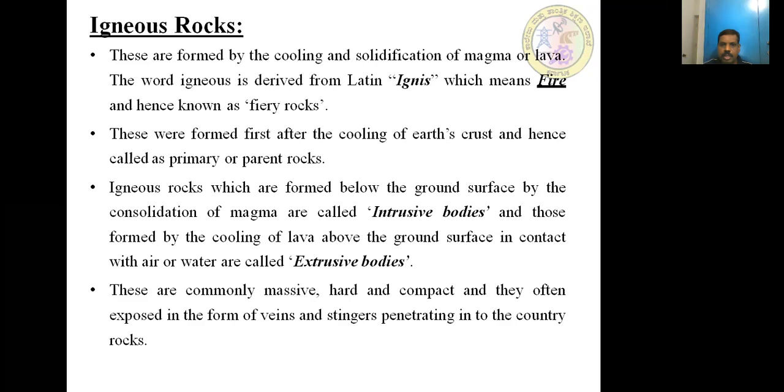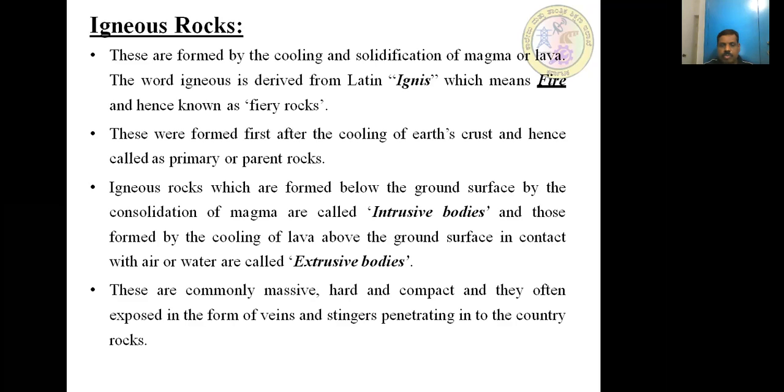So this liquid molten material gets solidified due to the decrease in temperature. So that leads to the formation of igneous rocks below the surface and also on the surface.